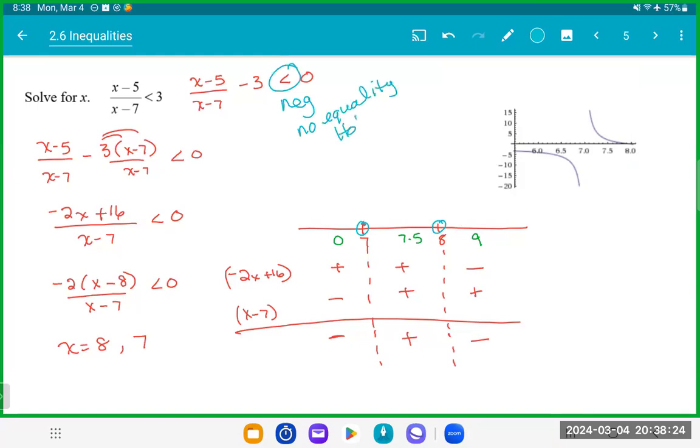So that's where you have hollow or parentheses. So in this case, it's saying for negative, we're negative from negative infinity up to 7 with the parentheses. And then we're also negative from 8 up to positive infinity. Again, parentheses on that as well, because the equality doesn't exist in this problem. Okay. Question.